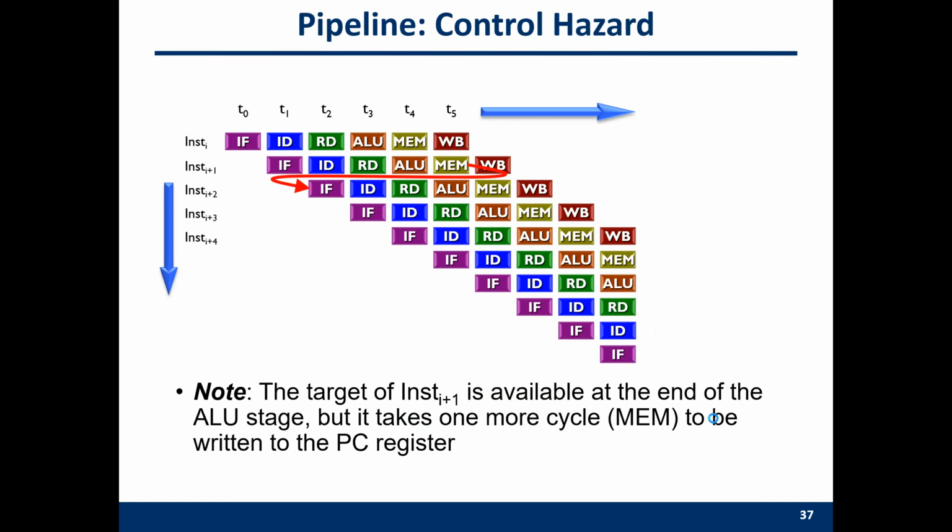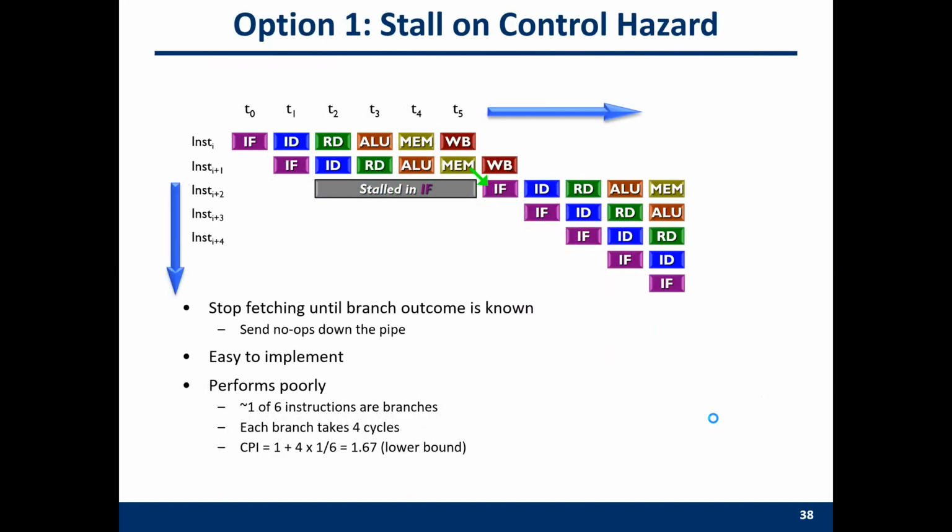So waiting can always help you solve these dependencies, but the pipeline bubbles will significantly reduce your utilization.